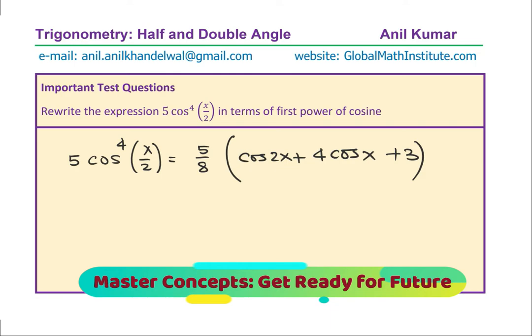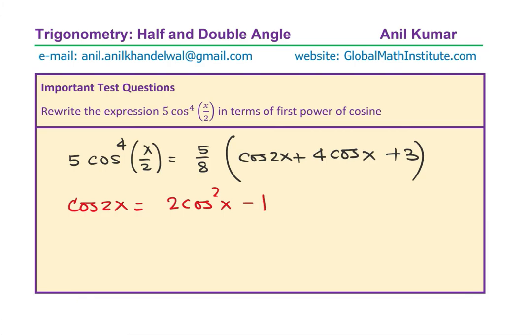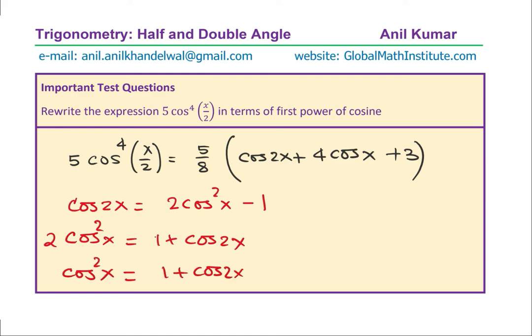The formulas used in this case were the double angle formula, cos 2x, which is 2 cos square x minus 1, where you could isolate and then find the half angle formula, which is 2 cos square x equals 1 plus cos 2x, or cos square x equals 1 plus cos 2x over 2.